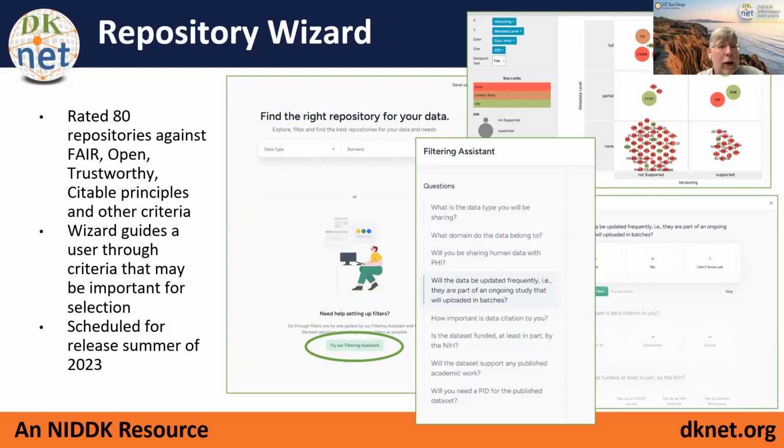One of the key issues with making data available nowadays is also making sure the data is a citable resource, so that data can be tracked in terms of its usage and one can get credit for the data that one has made available. This wizard will also use a decision tree through this criteria to assist researchers in the selection of a data repository.